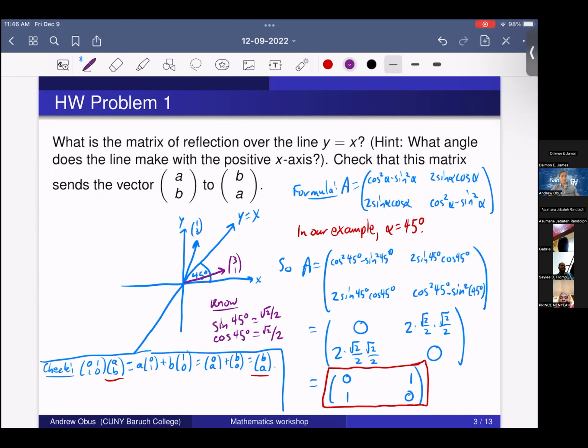So we see that this interchanges the x and the y coordinate, and we see how that comes from this formula when you plug in alpha equals 45 degrees. This matrix becomes very simple: it just becomes 0, 1, 1, 0. Okay, so that's how homework problem number 1 works. All right, any questions?